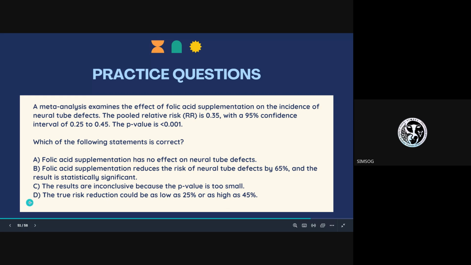And option D, true risk reduction could be as low as 25% or as high as 45%. Now, this statement is not true because although these values do tell the 95% confidence interval, remember that it tells about 95% of the population parameters. For the remaining 5%, it could be even higher or lower than that, that is, it can cause more reduction or lesser reduction.